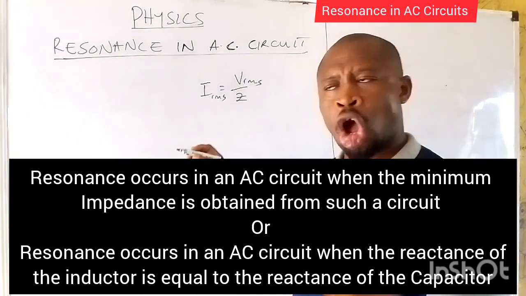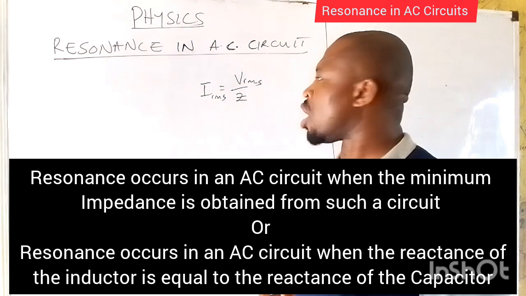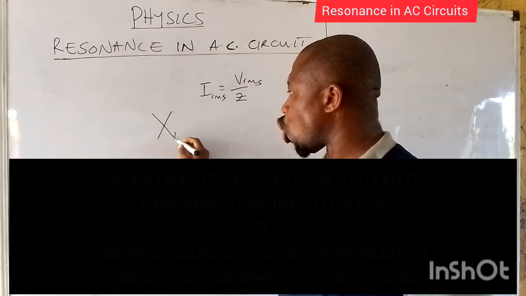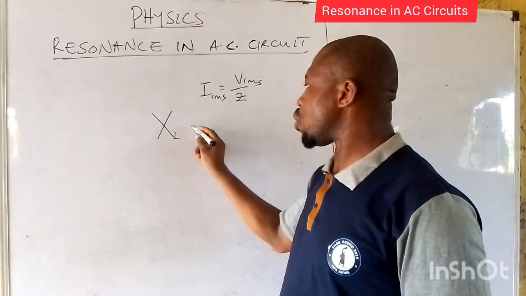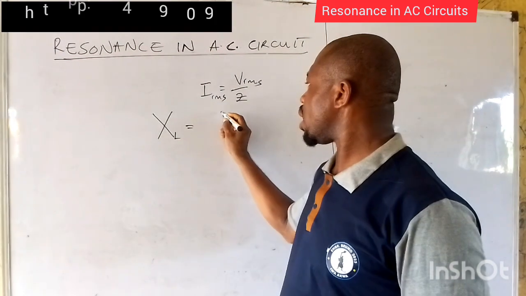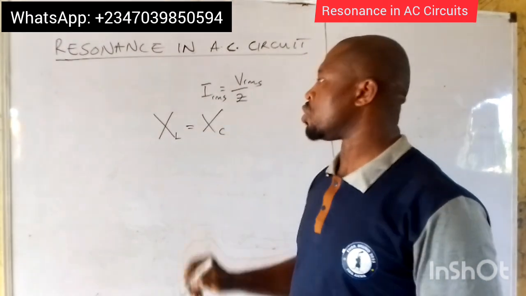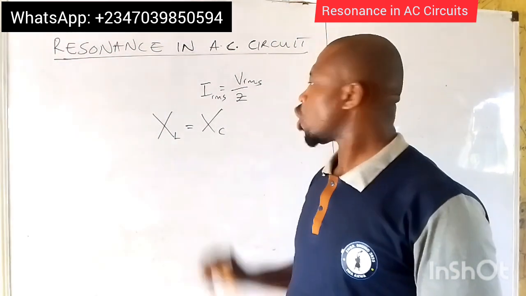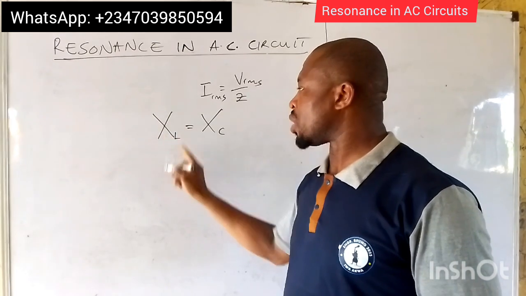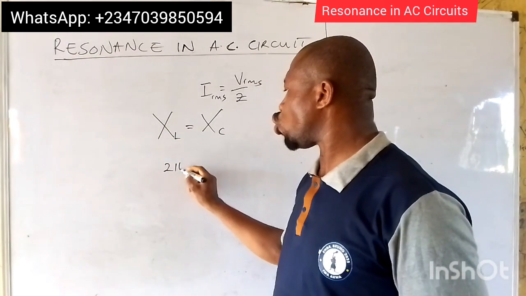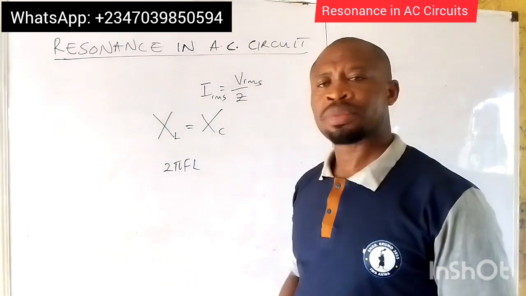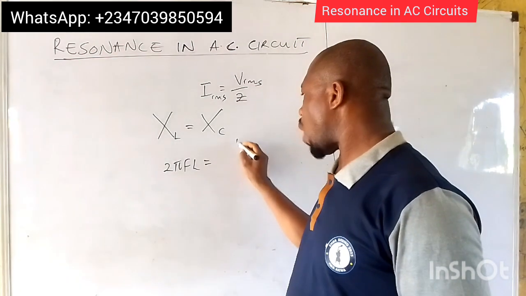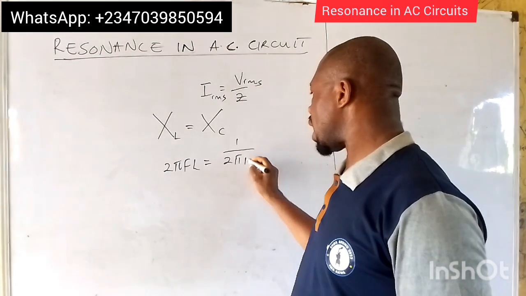of the inductor becomes equal to the reactance of the capacitor. That means resonance occurs in an AC circuit when the inductive reactance equals the capacitive reactance, when XL becomes equal to XC. The reactance of the inductor, XL, is 2 pi FL, while the reactance of the capacitor is 1 over 2 pi FC.